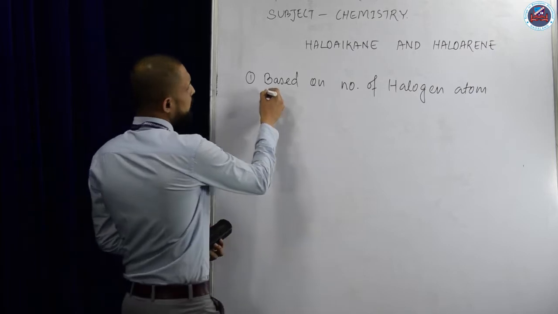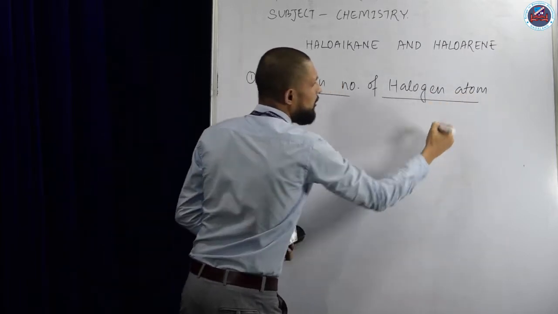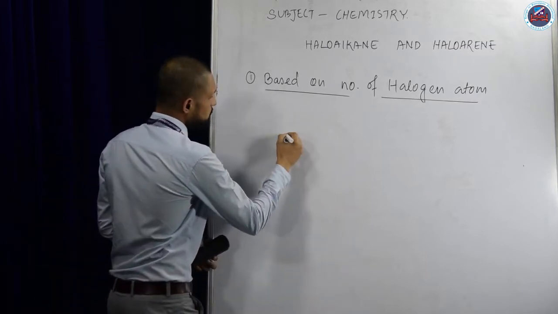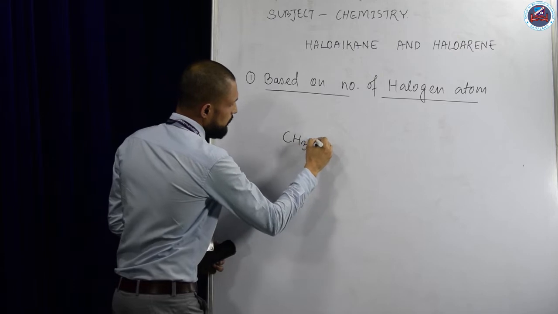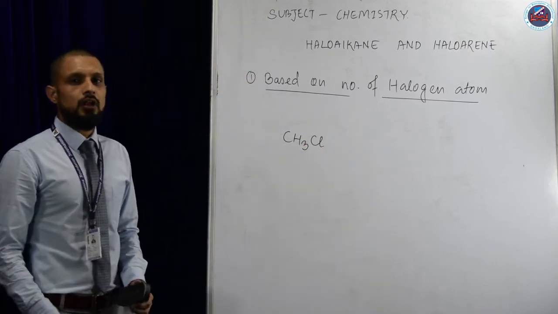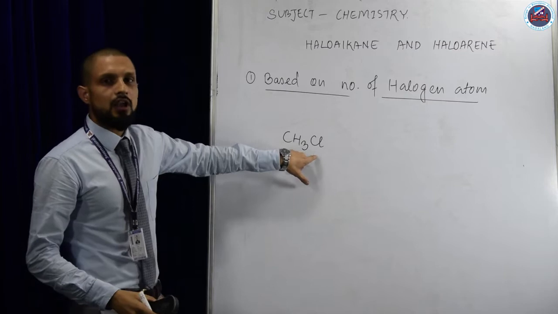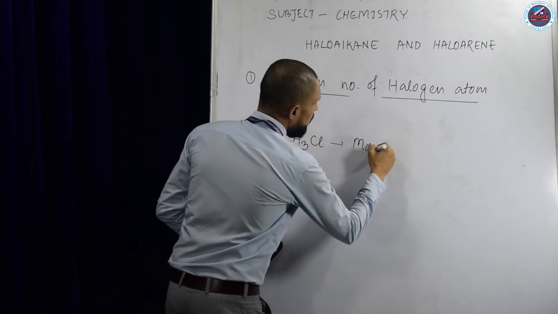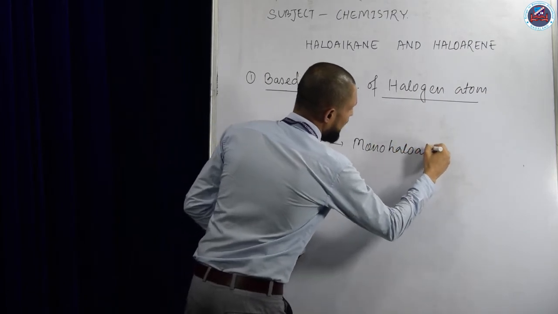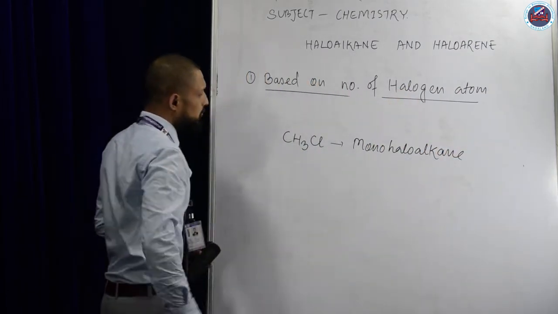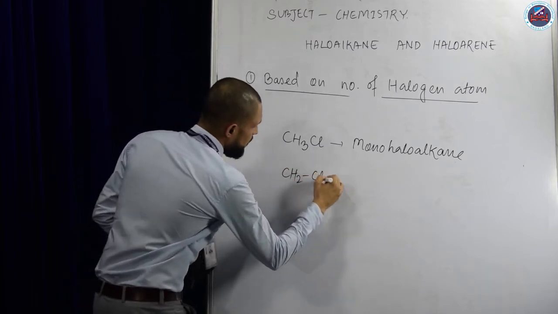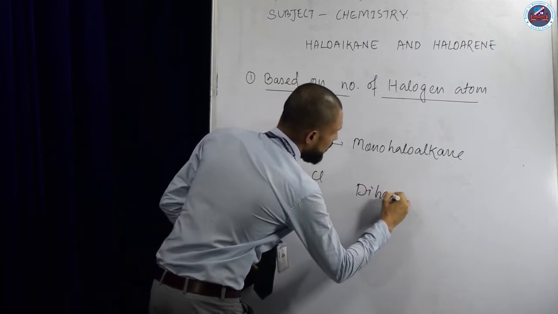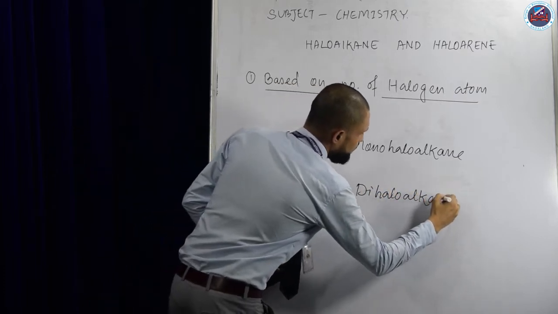So the first classification is based on number of halogen atoms. So let us take the first example. CH3Cl. So you can see there is only one halogen atom here in this compound. So it's known as monohaloalkane. So if there are two halogen atoms, this compound is known as dihaloalkane.